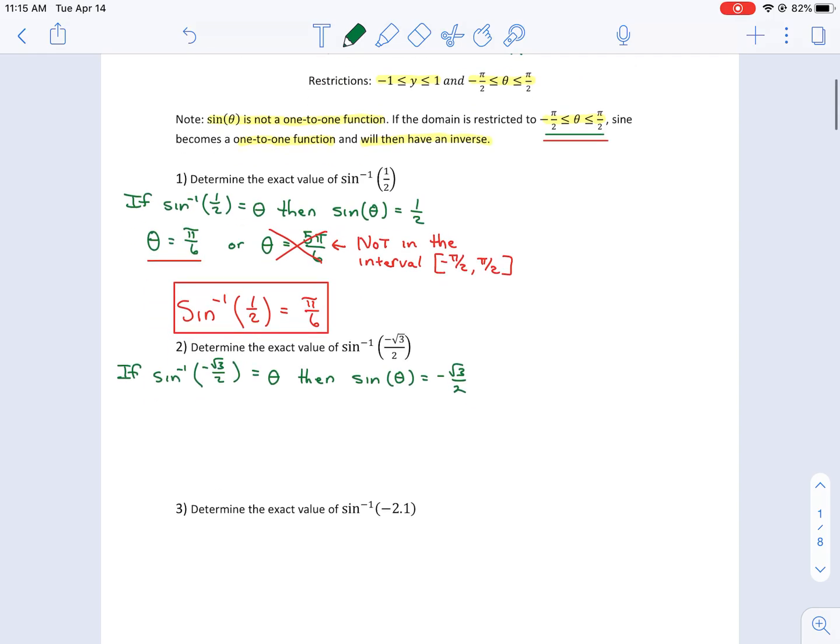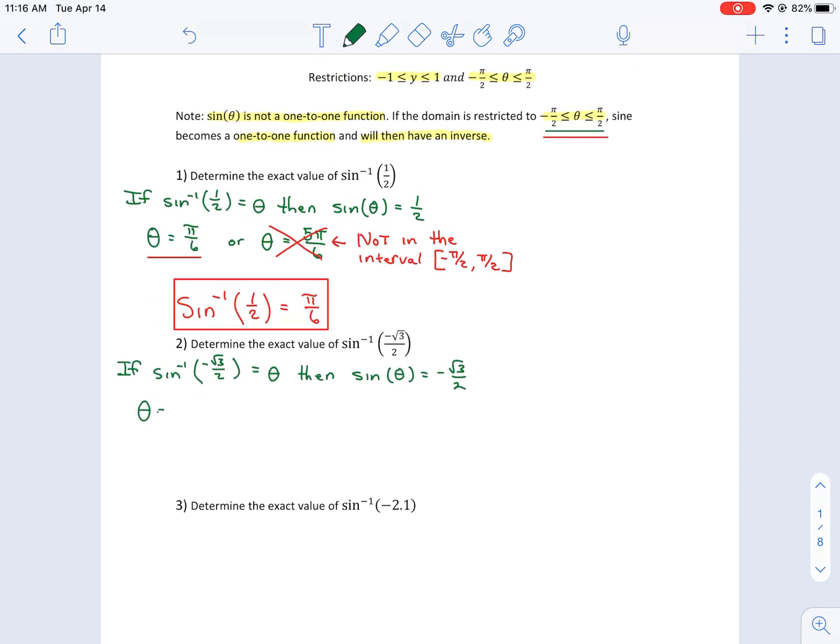And on your unit circle, you'll find two solutions to this. So theta is equal to 4 pi thirds, or theta is equal to 5 pi thirds.